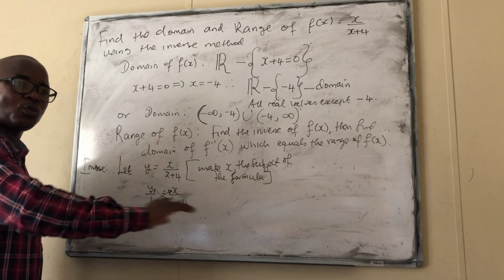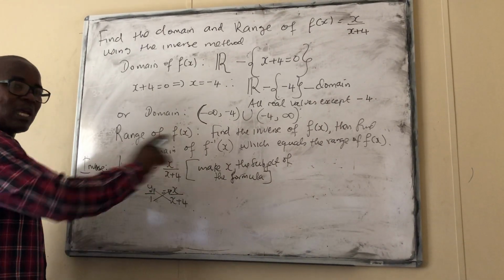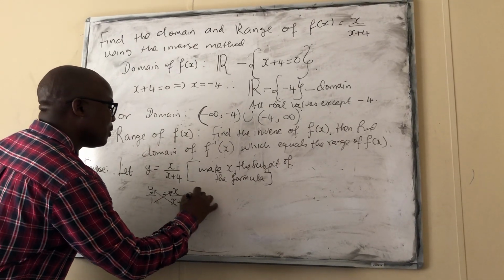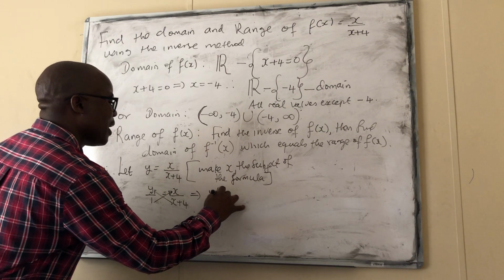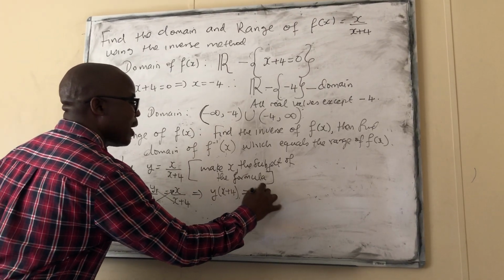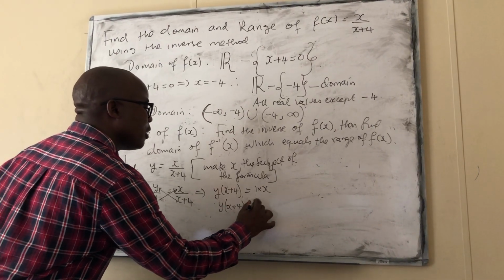Don't multiply horizontally. Cross multiply only. So this will be y times x plus 4 equals 1 times x, which is y(x plus 4) equals x.